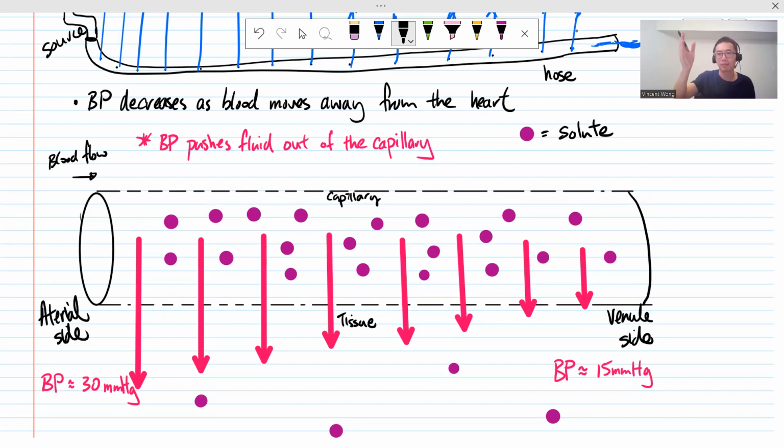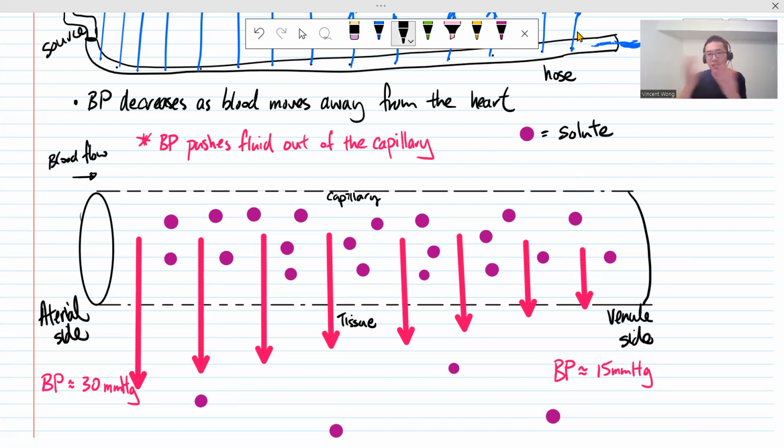And I know what you're thinking. Hey, won't they come out, like diffusion, right? That's what we learned earlier. Some might. If it's electrolytes, like sodium or chloride, they are very small, they can come out. That's fine. But a majority of the stuff is not going to be able to move. The proteins are too big to come out.